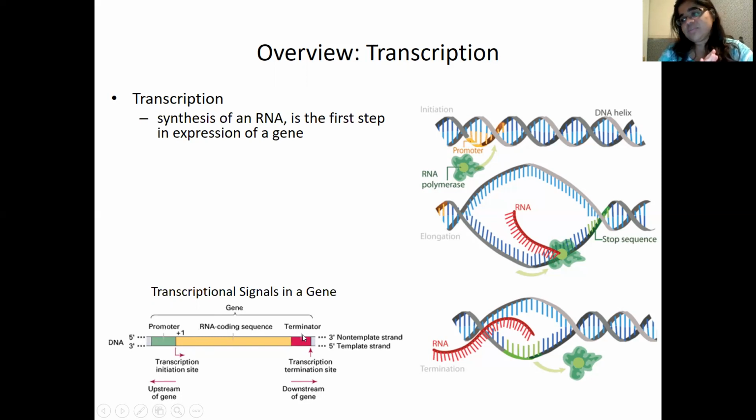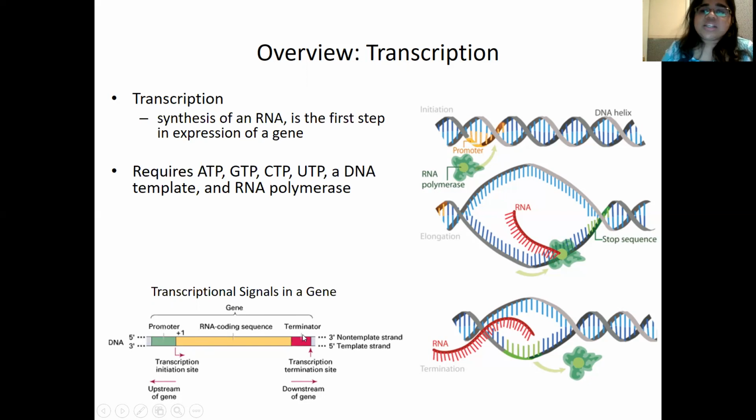So it stops it right there. This process requires the ribonucleotide monomers: ATP, GTP, CTP, and UTP, which is uridine triphosphate. So adenine, guanine, cytosine, uracil.